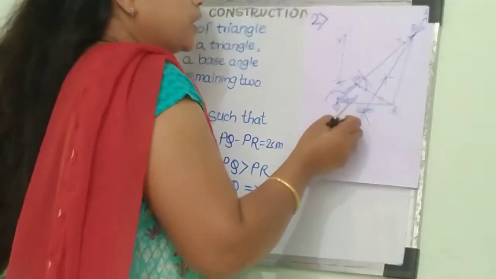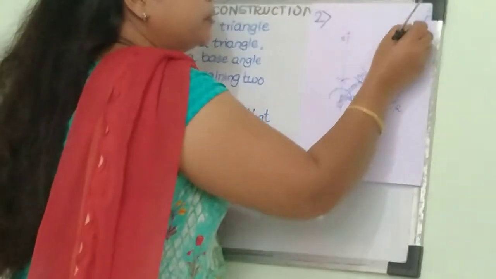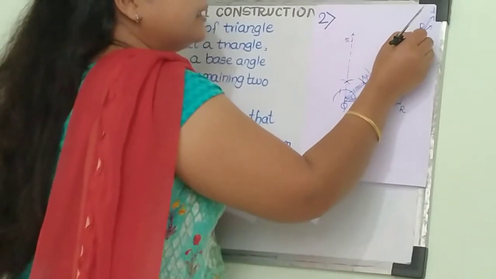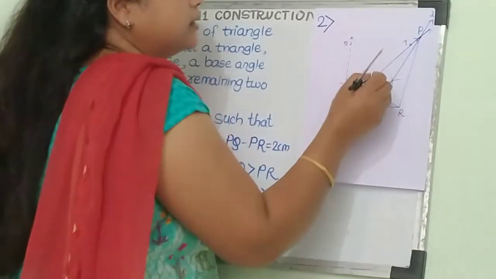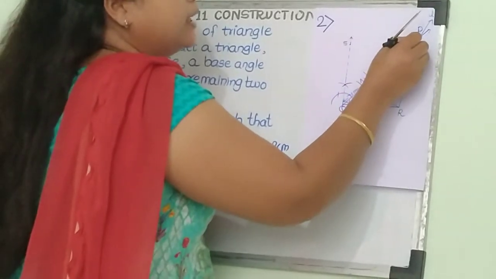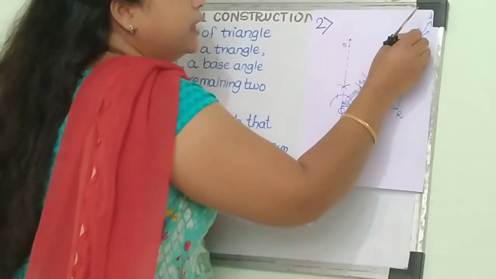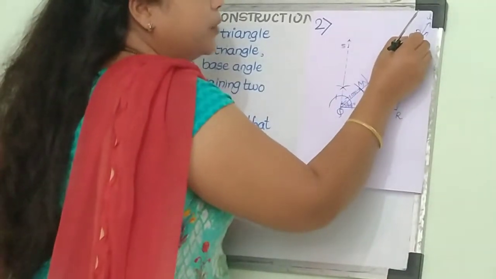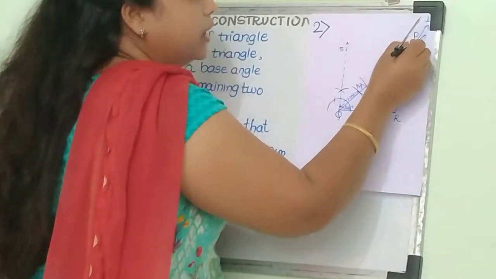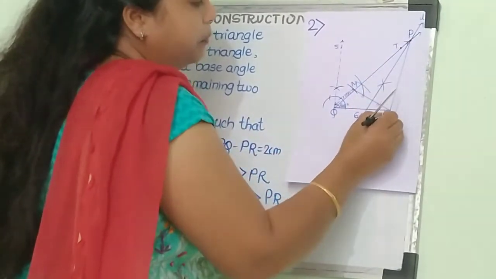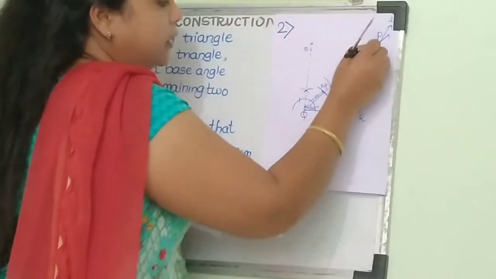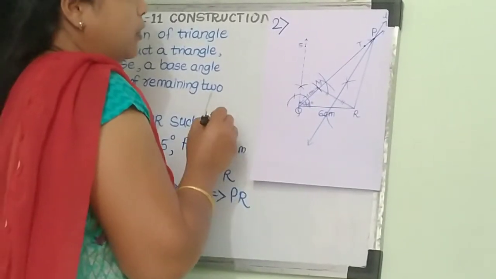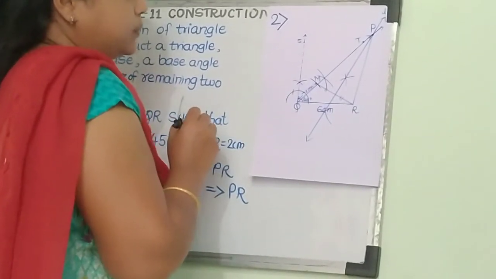So we have to extend this perpendicular and QT ray till they meet each other. So here we get that they meet at point P, and that is our remaining point of triangle, and then we have to join PR. So here we get PQR is the required triangle from the given information.